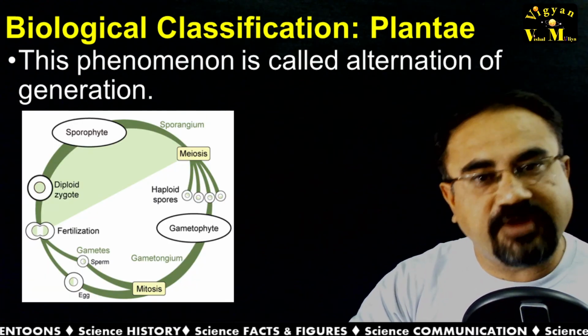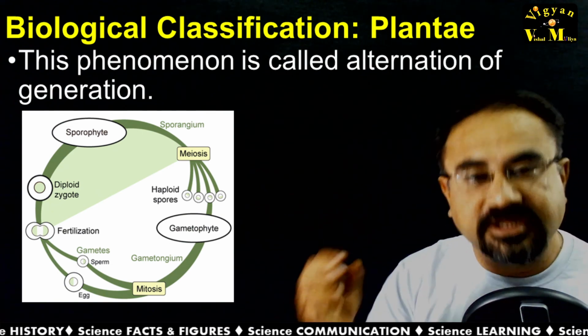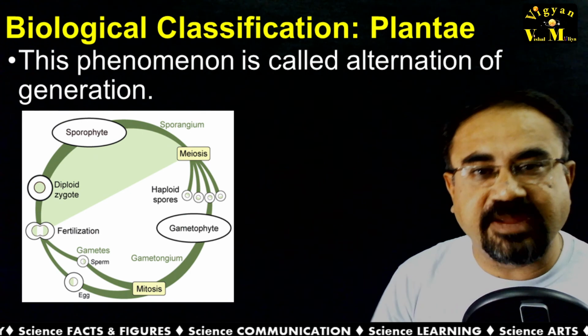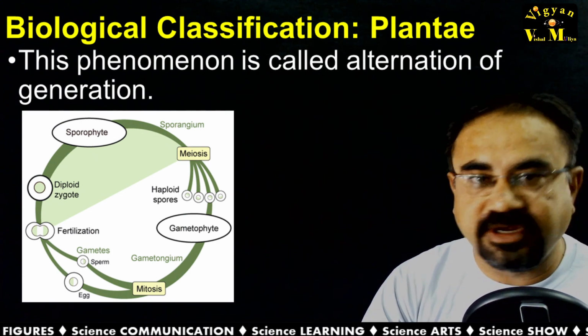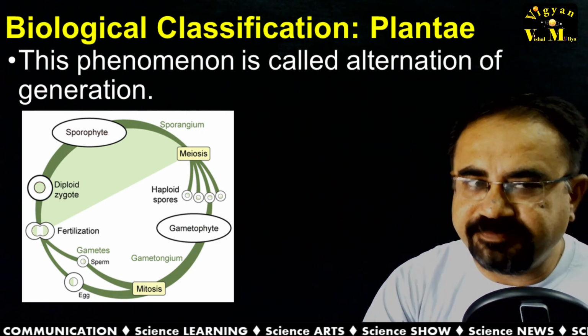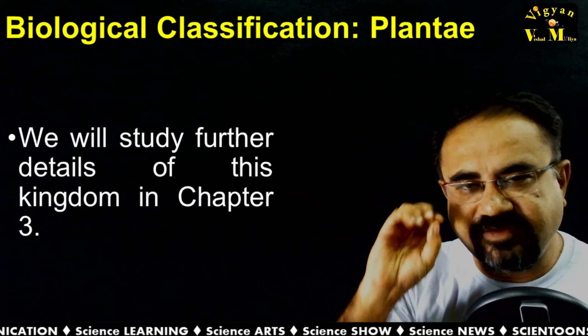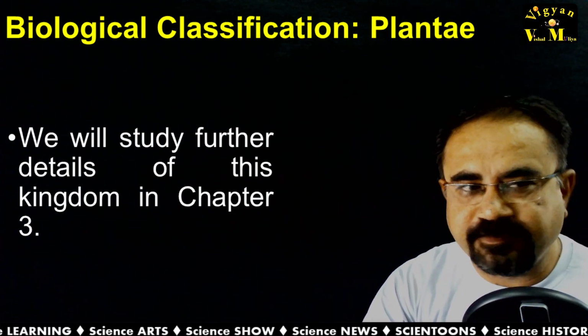This phenomenon of alternating the haploid generation and diploid generation, that means the sporophytic generation and gametophytic generation, is known as alternation of generation, and that is one of the characteristics of the plant kingdom. We are going to study that in much detail in the coming chapter, that is chapter 3.